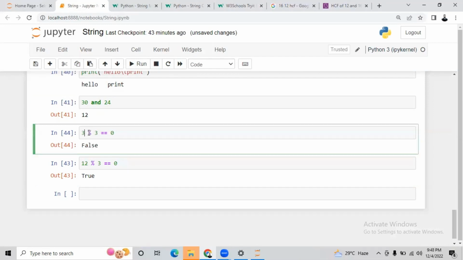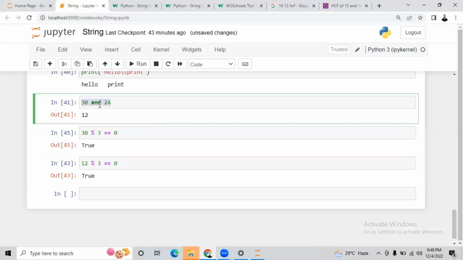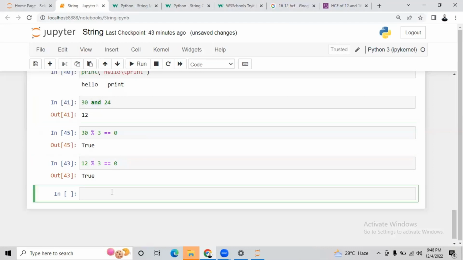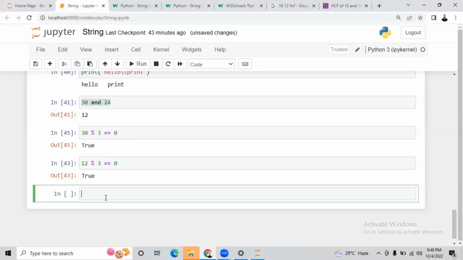So 3 is also possible, 6 is also possible, and 2 is also possible. So 2, 3, 6 are the common factors of 30 and 24, but we have to find the highest factor. So 6 is the highest factor, okay?